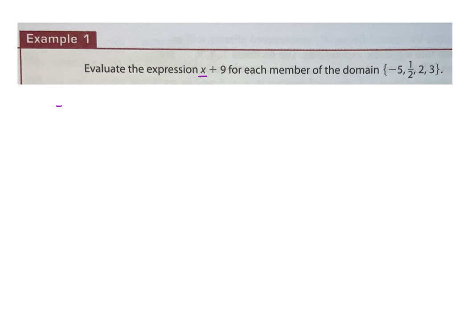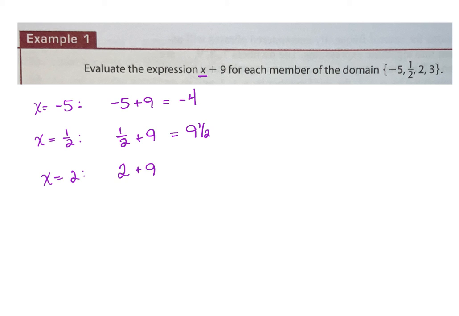So if I wanted to evaluate this at -5, then I would say -5 plus 9, which is 4. If I wanted to evaluate at 1/2, then I would say 1/2 plus 9, which is just 9.5. And so that's what you're doing when you are evaluating. You are simply plugging in something for the variable, and then you are solving for it. And so you can see that you can evaluate at any number, plug it in, and solve.